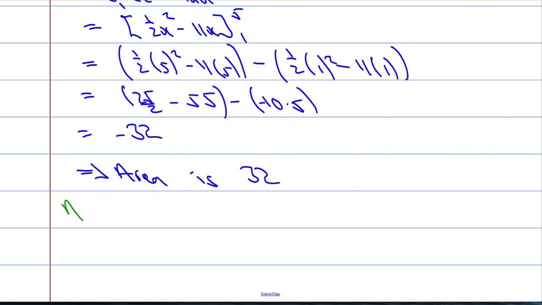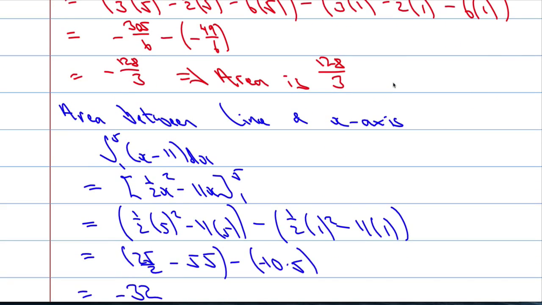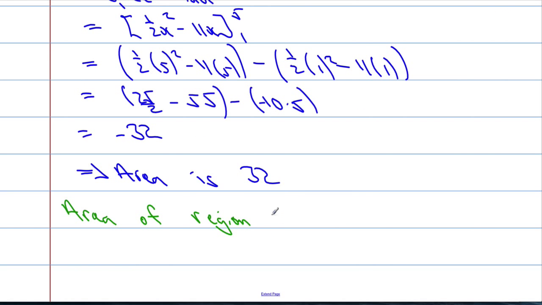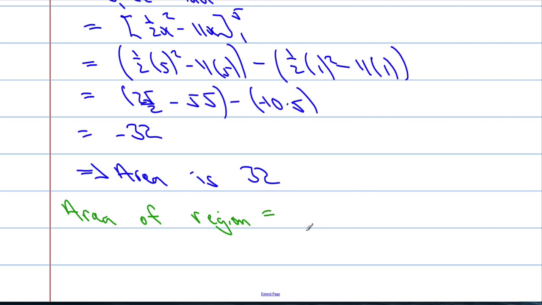So, the area of the region enclosed by the line and the graph, so this black region here, which we shaded in earlier, is going to be found by taking the area underneath the line away from the area underneath the curve, so 128 over 3 minus 32.